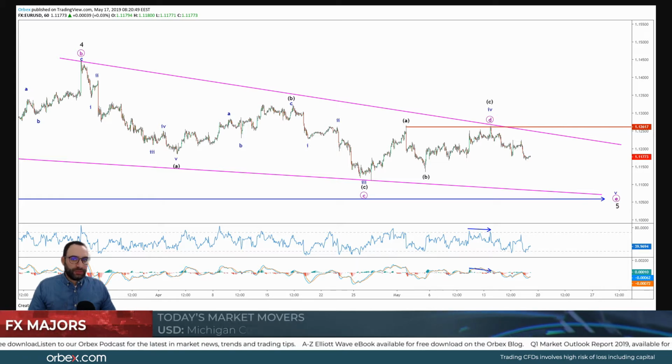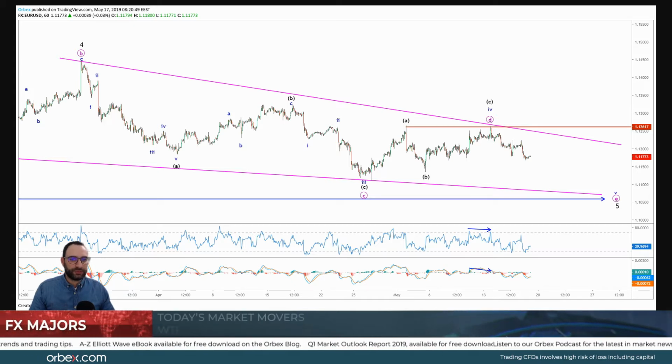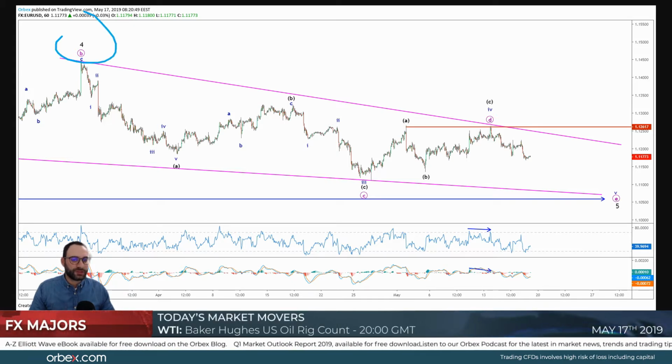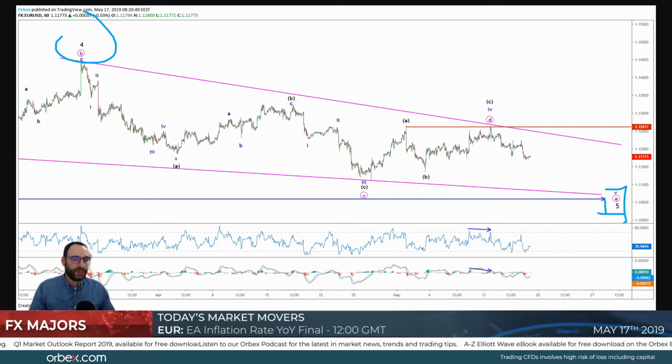As you can probably see, I'm a little far from the full image, but this is wave 4 of the downside impulse wave, and I'm waiting for this to move and finish down here.